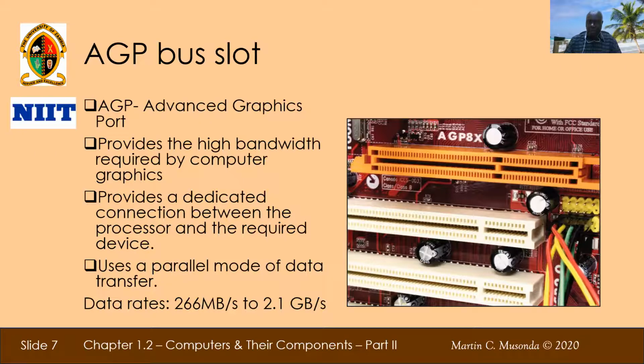But for the AGP, it connects the graphics card directly to the processor. It uses parallel data transmission mode, and it offers data rates in the range of 260 megabits per second to 2.1 gigabits per second. So it's extremely fast. And this is the one which appears orange here on top.